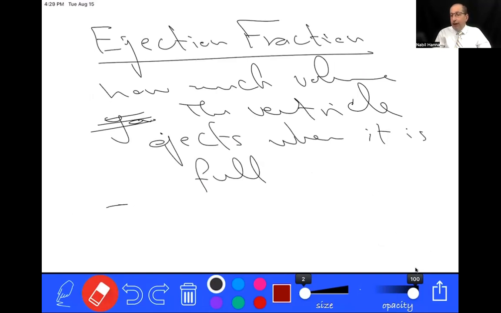So the ejection fraction, like you fill your purse with $100, you fill your ventricle with the end diastolic volume.